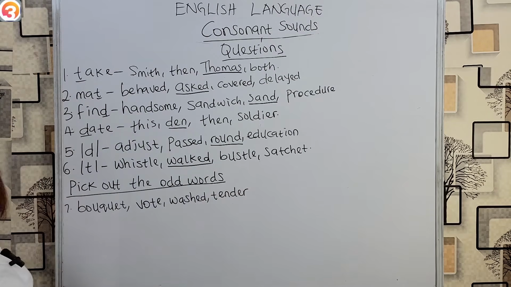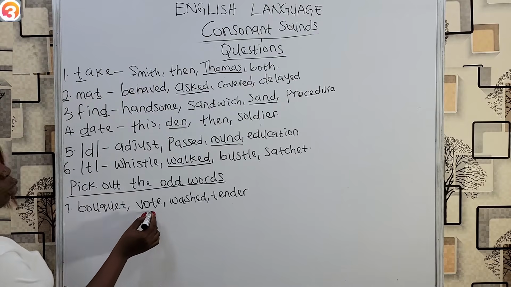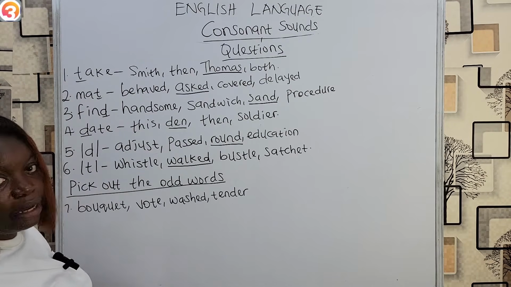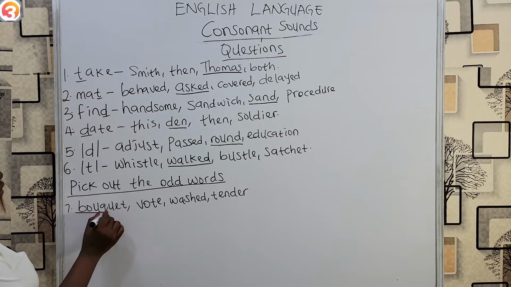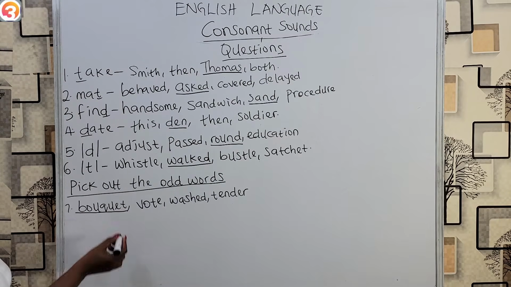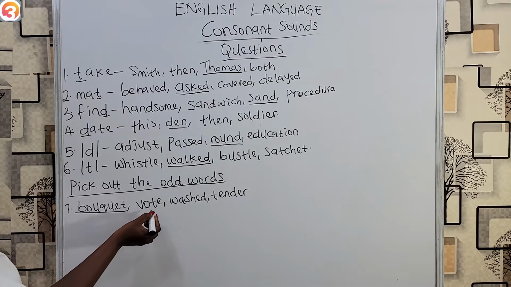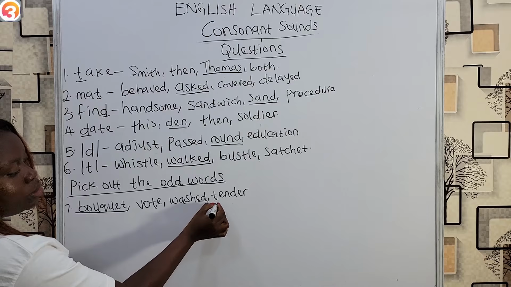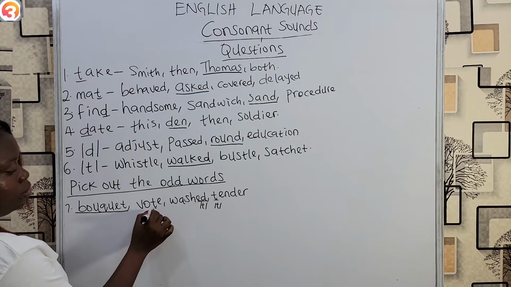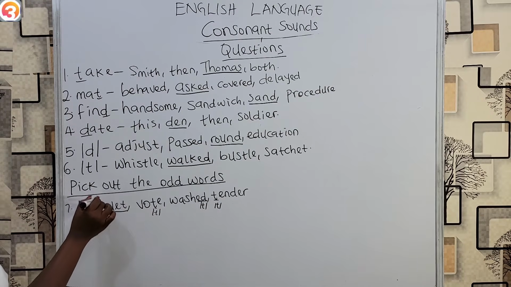In pronouncing these options, we have bouquet, vote, washed, and tender. So pronouncing, you discover that this doesn't have consonant T. The T here is silent, bouquet, but this is vote, this is washed, this is tender. So the consonant T is there, but it is absent here. So this is the odd word out in this question.